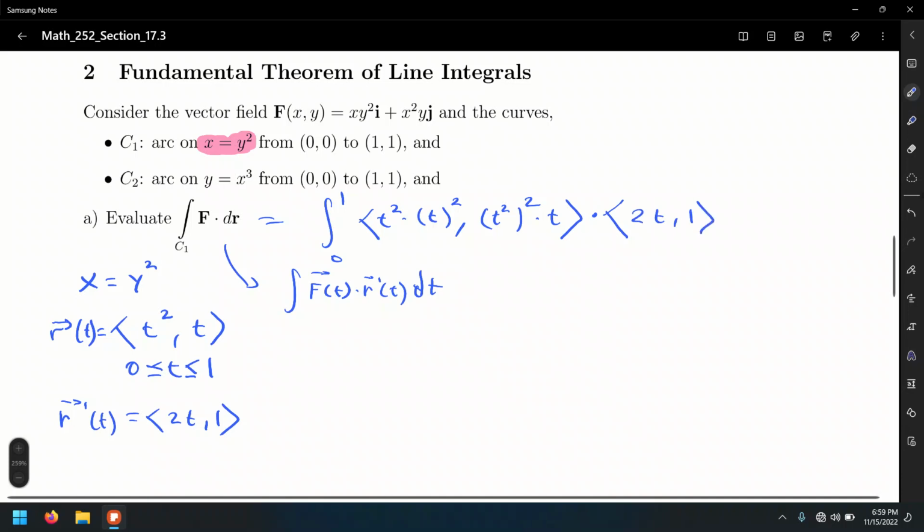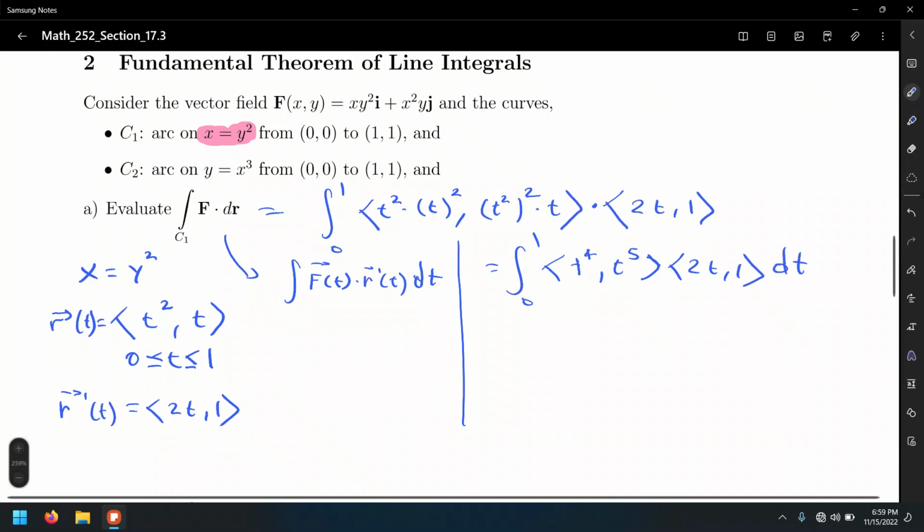So this will be equal to the integral from 0 to 1. Let's simplify: t squared times t squared is t to the fourth. Be careful with the second component: power of another power, multiply the powers, that's t to the fourth power times t, which is t to the fifth power. And that's dotted with 2t comma 1.